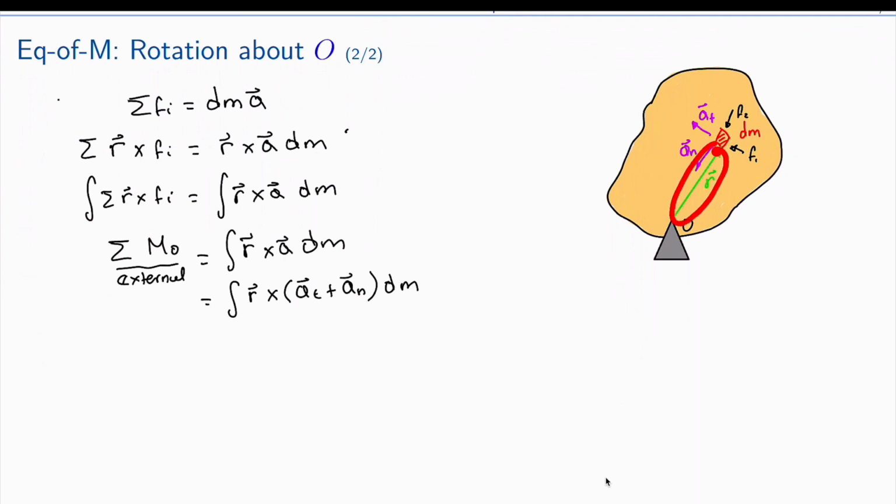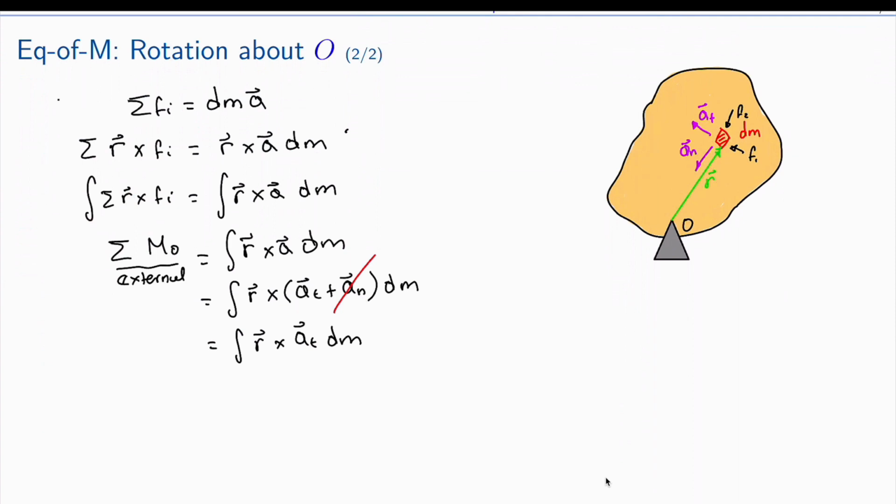So this cross product will be 0. So the second cross product will be 0. And therefore, this can be simplified as the integral of r cross the tangential acceleration multiplied by dm, and the integral over the whole body.